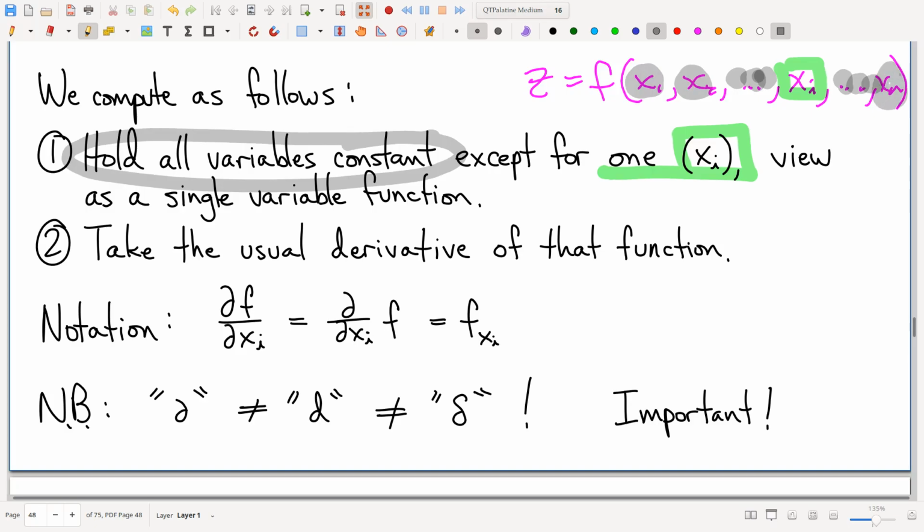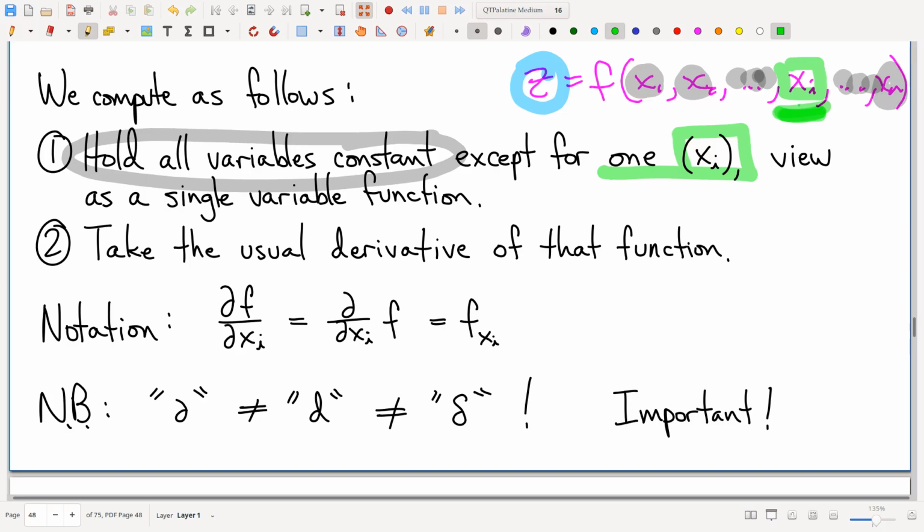Now that's an aggressive move, right? Somebody comes to me with a multivariable function with a bunch of input variables and says, we're going to play make-believe and pretend that all these variables are constants, except for that. Right? Aggressive move. Okay. That said, I now have one output variable that is, in fact, a function of one input variable.